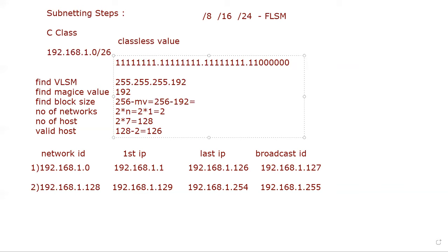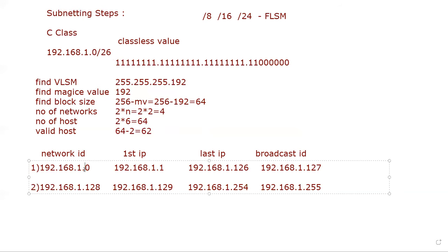So 256 minus 192 is 64. Now 2 bits are on, so 2 raised to power 2 is equal to 4 networks. Now 6 bits are off, 2 raised to power 6 is 64. So 64 minus 2, one is network ID, one is broadcast ID. Valid IPs are 62.